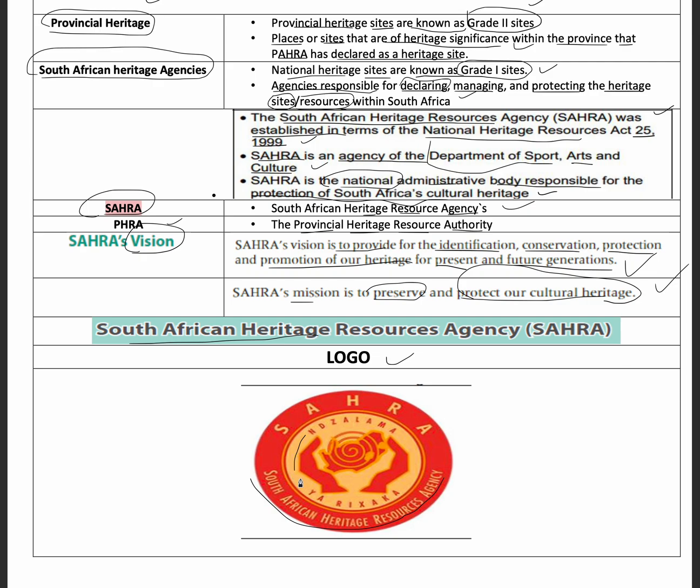It's like two hands that are holding the provinces. So this is like our 9 provinces that we have in the country. There is a name as well on it. So please make sure that you understand the logo of the South African Heritage Resource Agency.